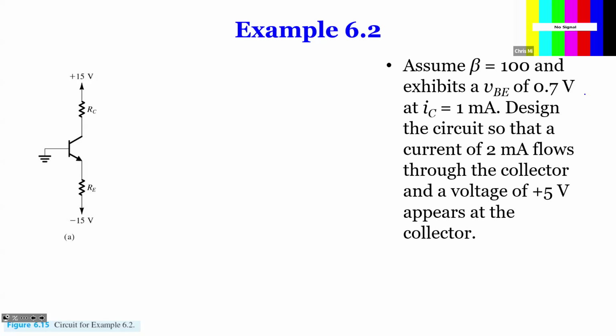It says that beta is 100, and it also says that when VB is 0.7, IC is 1 milliamp. Okay, so up to this point is what is given.